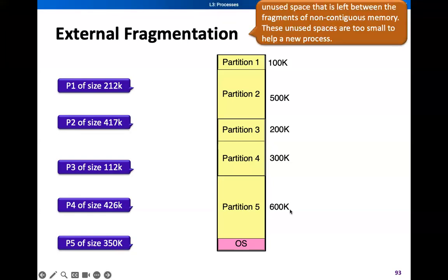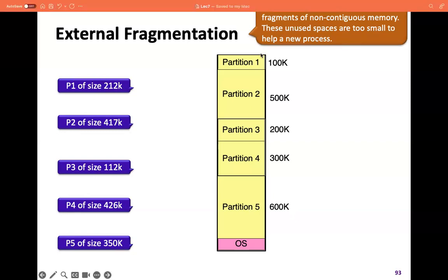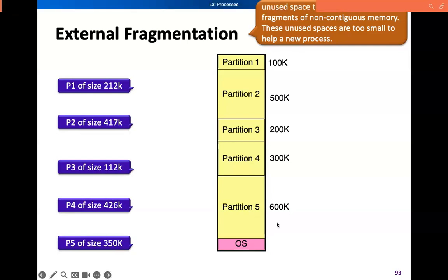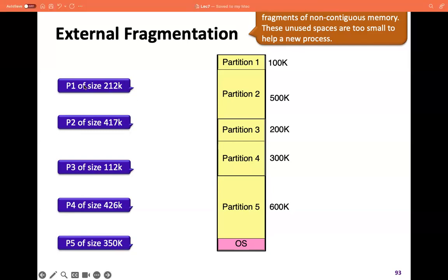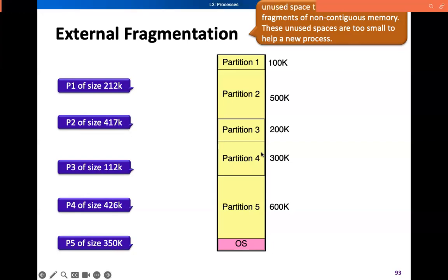Let us try to use the BestFit algorithm in this. Again, in the BestFit algorithm, we are going to look for the smallest partition that can fit a certain process. In this case, the P1 of size 212K can fit in partition 4.